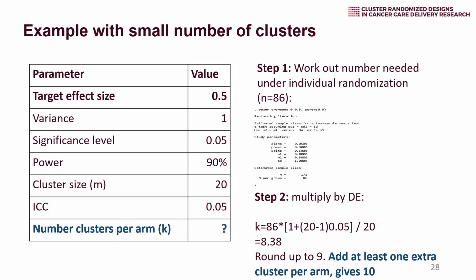Now, because we're working in the setting of a small number of clusters, it would be precautionary and good practice to round this up by adding at least one extra cluster per arm, to 10, maybe 11. So in settings where we're working with a small number of clusters, we must remember that we add an extra 1 or 2 clusters per arm to the numbers that these formulas provide us with.